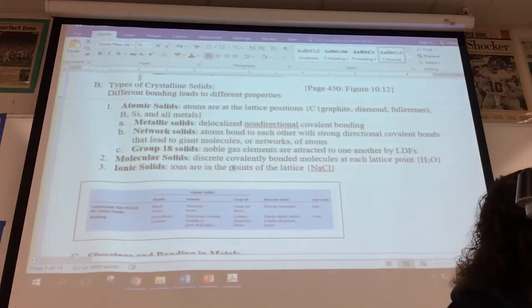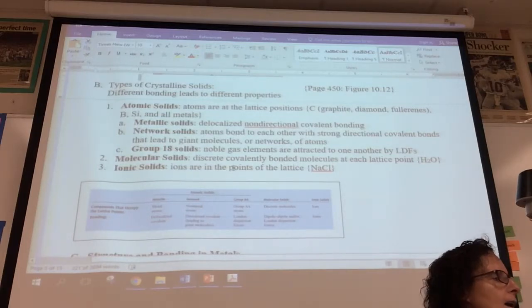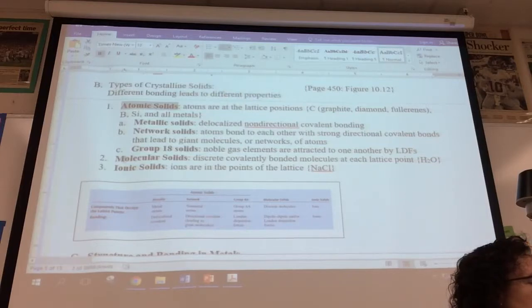In terms of types of crystalline solids, again, there are different types, the main type being atomic, molecular, and then ionic, and we're going to look at each of these today. The way they differ is in terms of what is at the lattice position. For an atomic solid, you're going to have an atom at the lattice position. For example, you can have a metallic solid where you have metals at the lattice position.